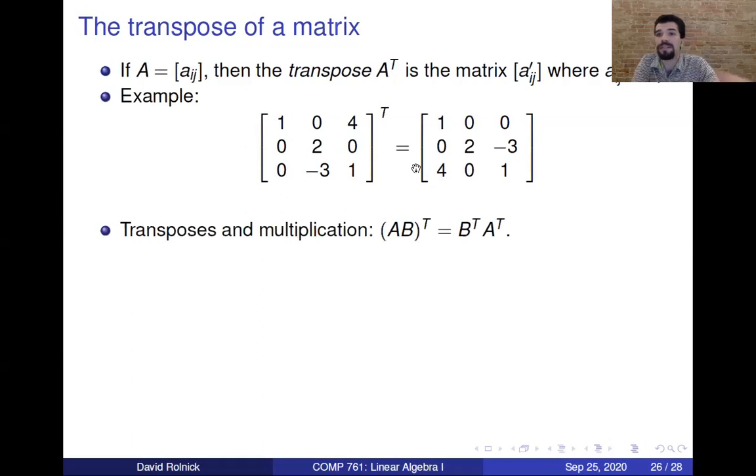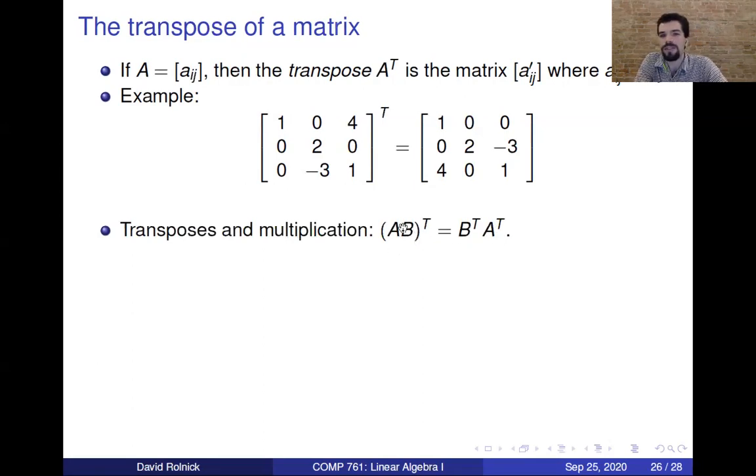Here is an important fact, which I will not go into, but you can think about if you go back to the definition of multiplication: if you multiply two matrices and then take their transpose, it's the same as taking the product of the transposes, but in the other order. Now, how can you remember that?